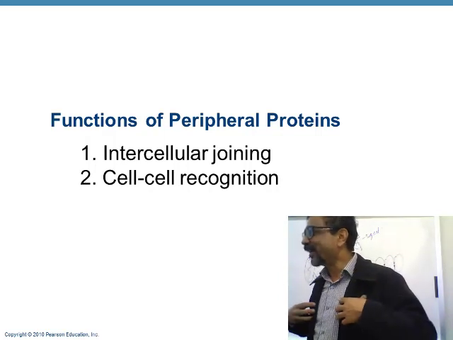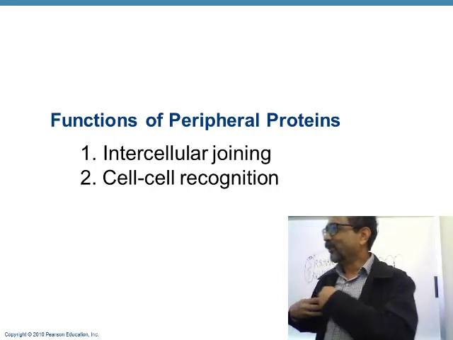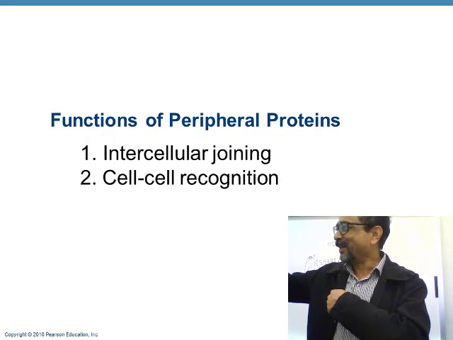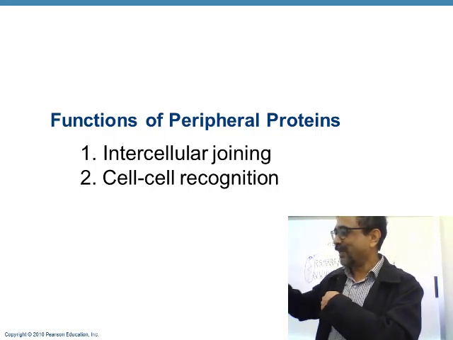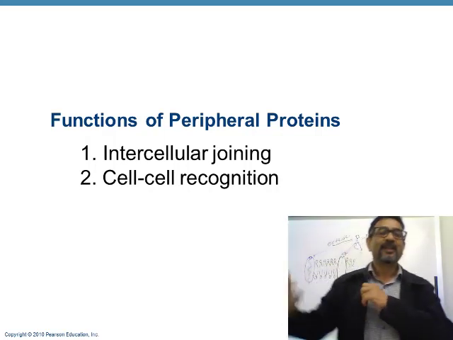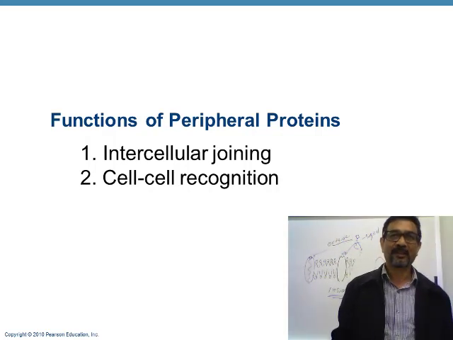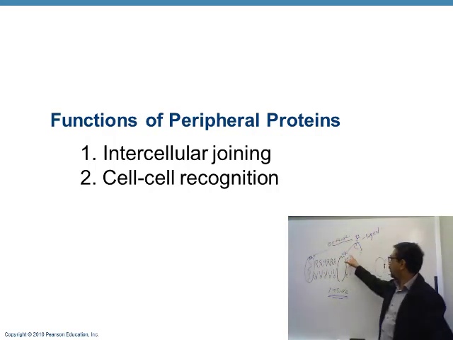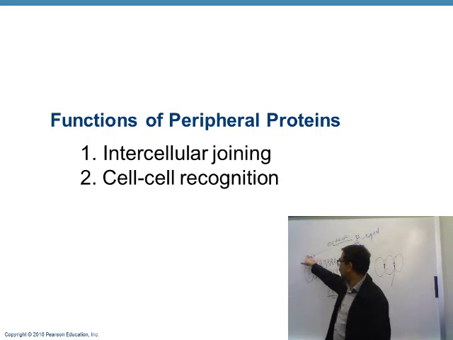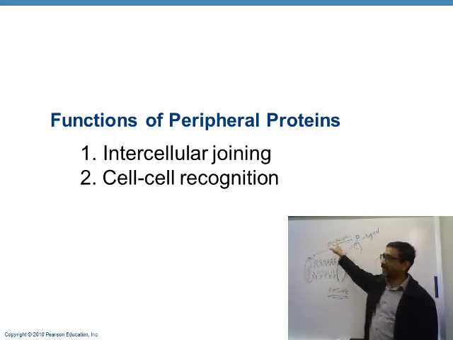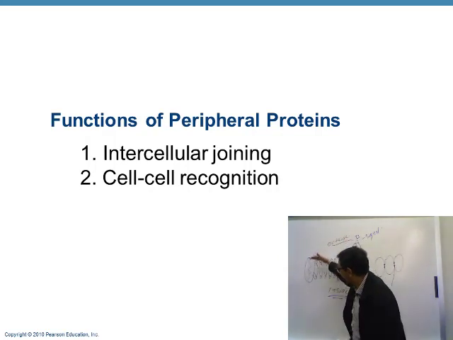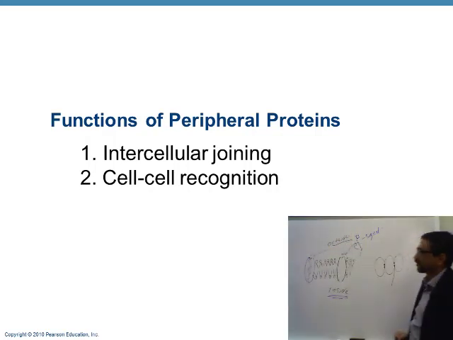Because your cells know if the cells are coming from your own body or from outside, another person's body. That is cell-to-cell recognition. Some peripheral proteins, those I showed you, can recognize if another cell comes from outside. They can recognize if it is from your own body or another person's body.